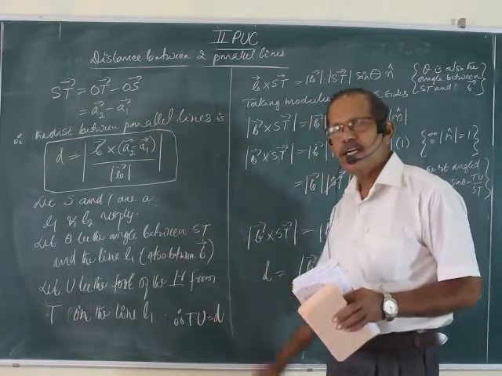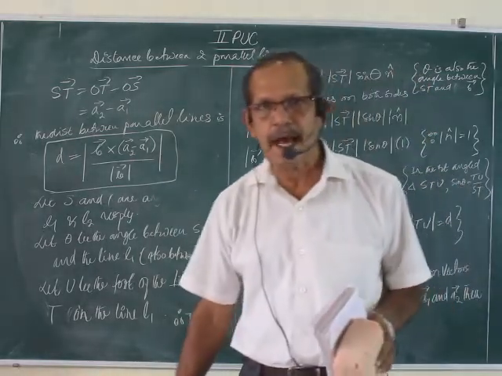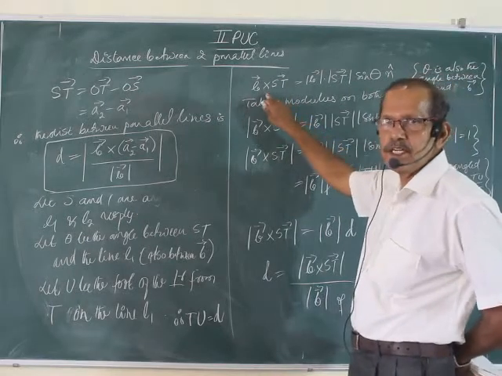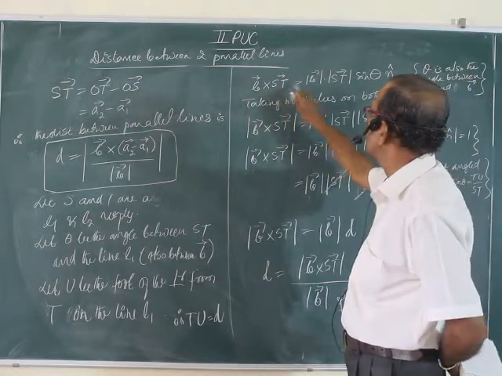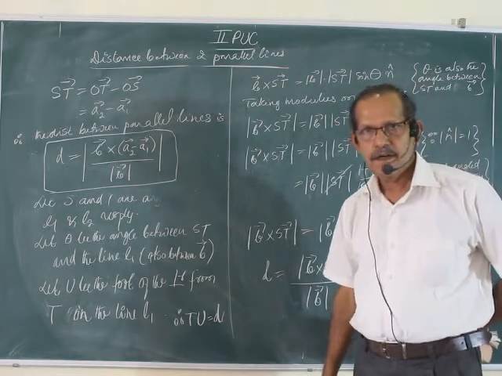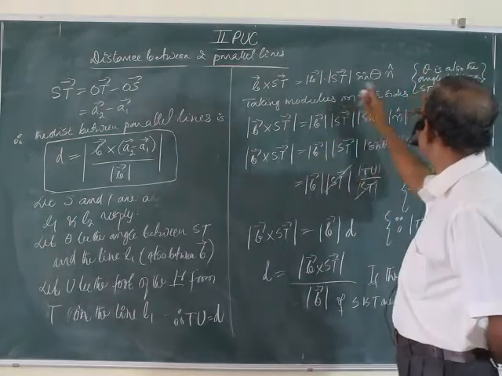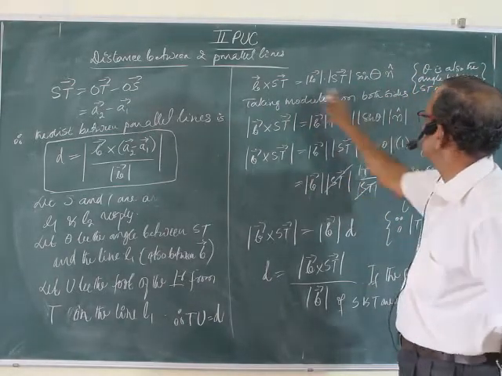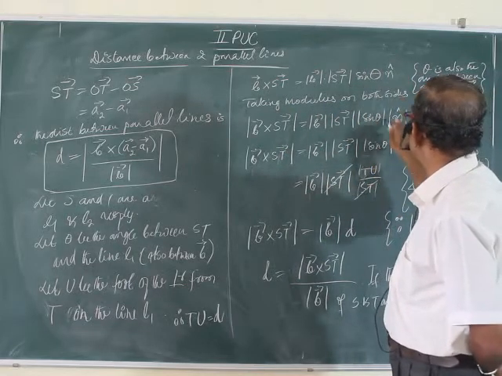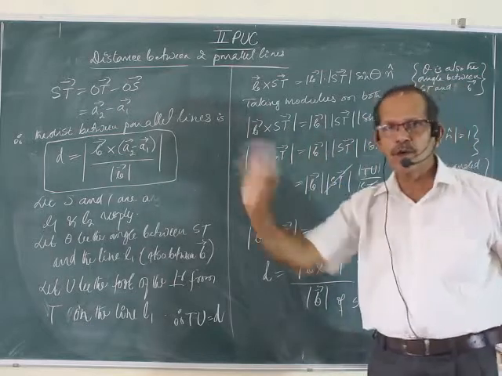Therefore, that perpendicular itself is the required distance between the parallel lines. Let it be D. Now, B cross ST is mod B mod ST sin theta n cap, the vector product formula. Taking modulus on both sides, why is the modulus taken? The modulus of n cap is 1, so you get only numbers, no vectors at all.